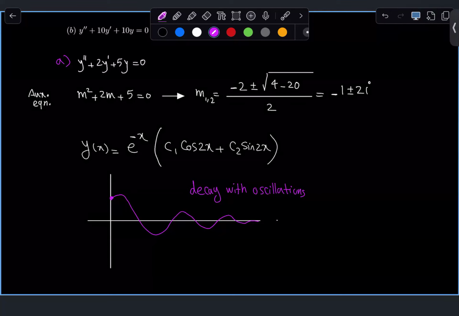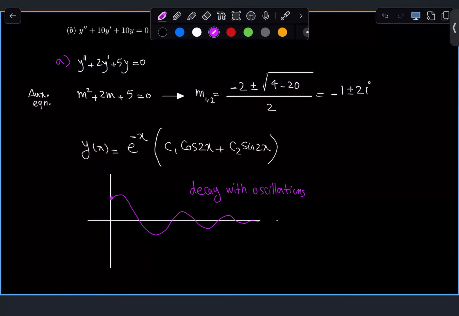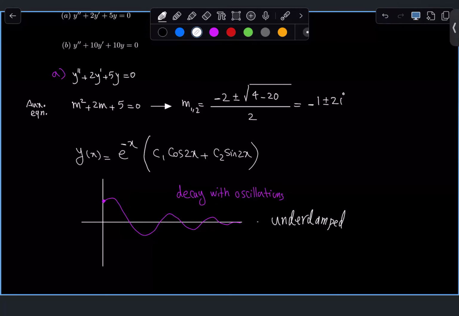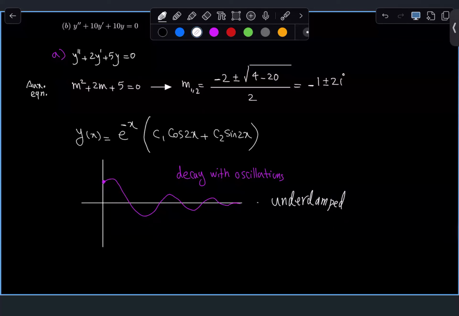Over damped, under damped? It's under damped, right? So again, you might see this problem, but in a physical application kind of context. Any questions?